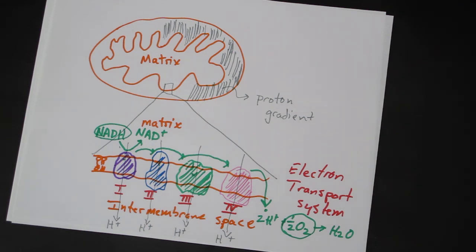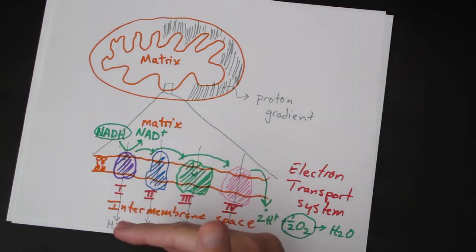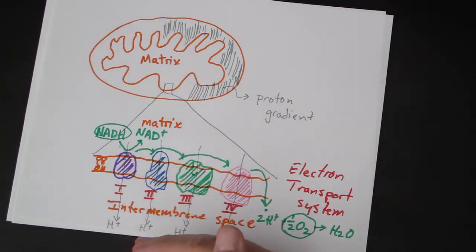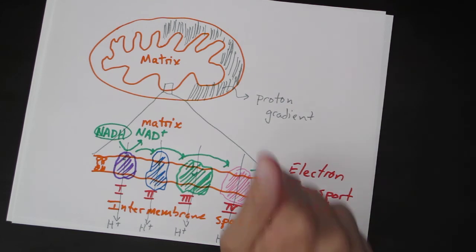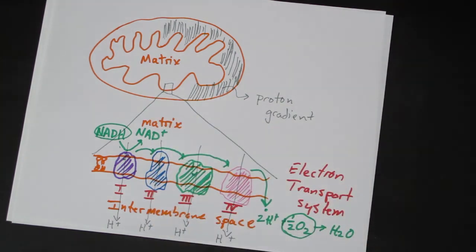They typically like to dissipate via diffusion, and that's what's happening with these protons as well. We're pumping them all into one space, but naturally they want to diffuse across the membrane back into the matrix.